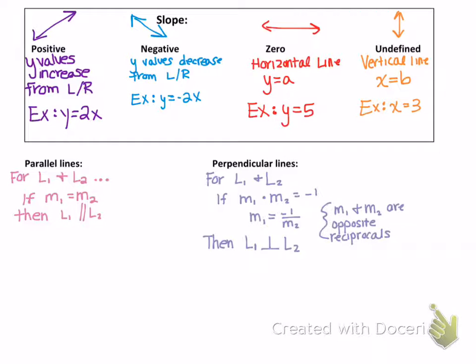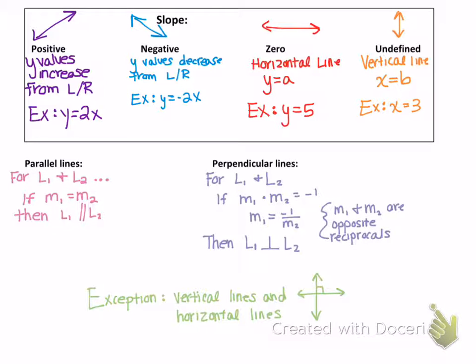Alright, so there is one exception. Those are vertical lines and horizontal lines. Obviously, a vertical line is perpendicular, meaning it forms a right angle, with a horizontal line.